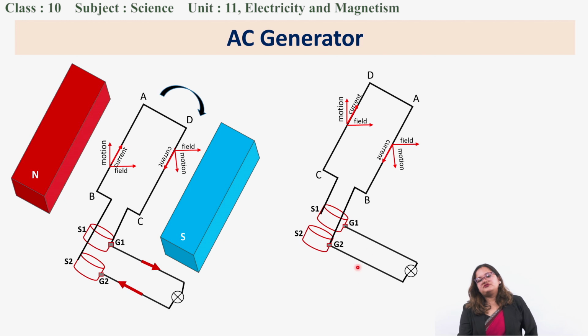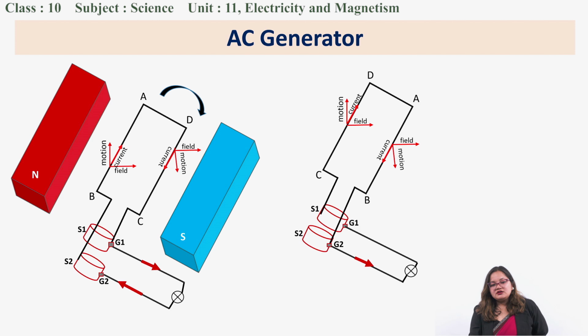Now the major difference is, earlier this part was connected to G1, so the current flowed from this to G2, right? Right now, this AB part is not connected to G1, it is connected to G2. So earlier the arrow was turning to this side of G1, but now the arrow turns toward that side of G2, because AB is connected to G2.